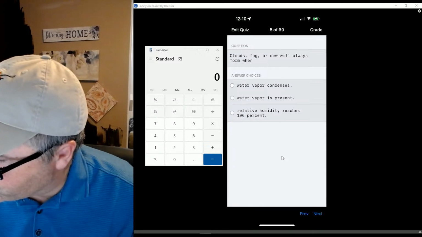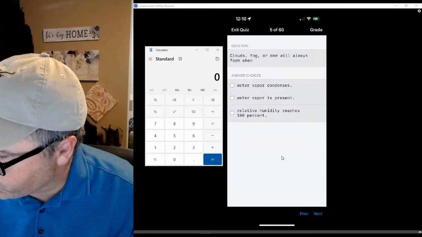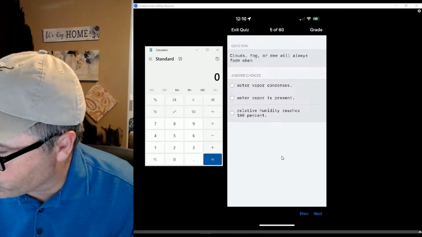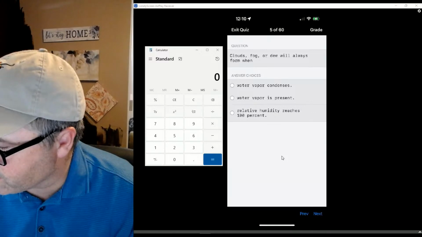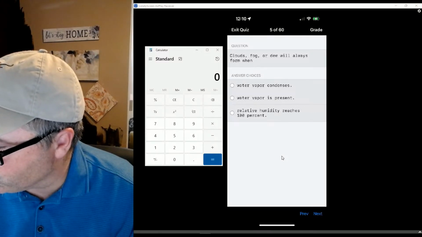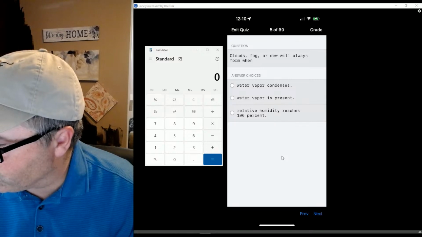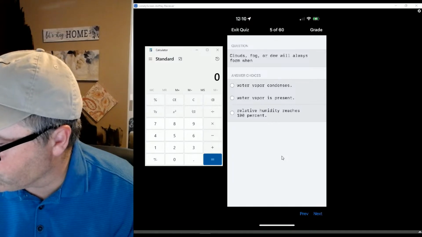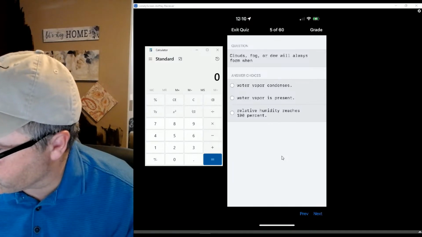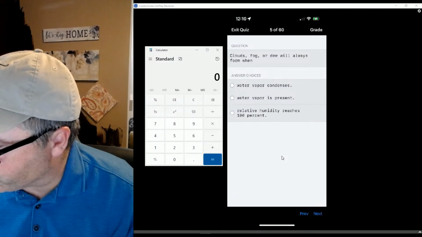Clouds, fog, or dew will always form when water vapor condenses, water vapor is present, relative humidity reaches 100%. I can't remember exactly which one they want you to answer on this.